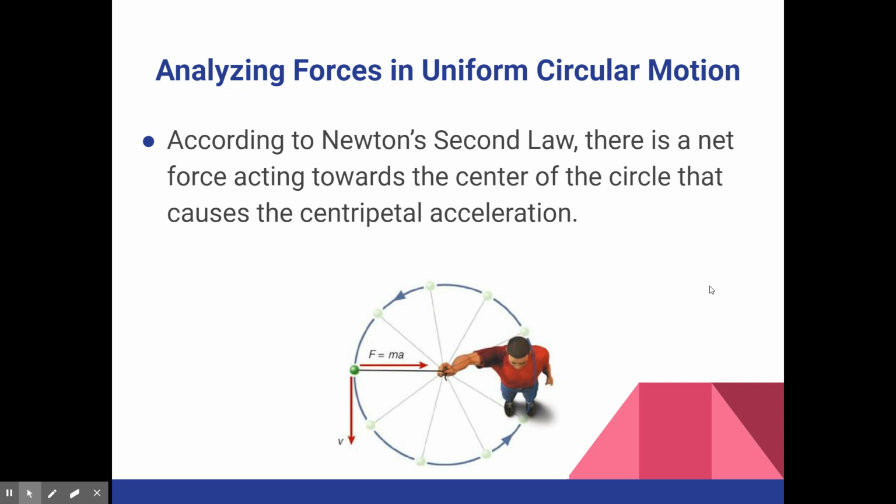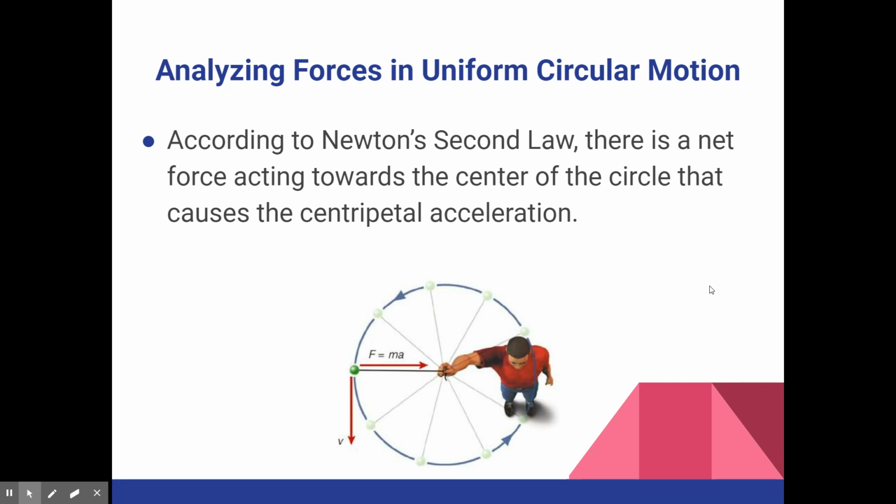So thinking back to Newton's laws here, specifically Newton's second law, there has to be some sort of net force acting towards the center of the circle that causes this centripetal acceleration, because as Newton saw, the acceleration is due to a force divided by its mass.